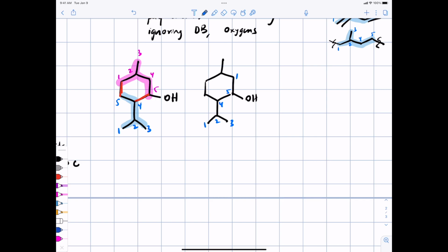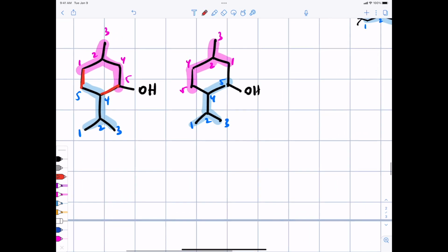The real question is, if I do that, is the branching methyl group on the other isoprene unit still in the right place? I don't have a good way to tell you which one of these is better. Either of them is okay. But both of them are going to give me a clue as to what bonds I needed to have made in the process of making this molecule.